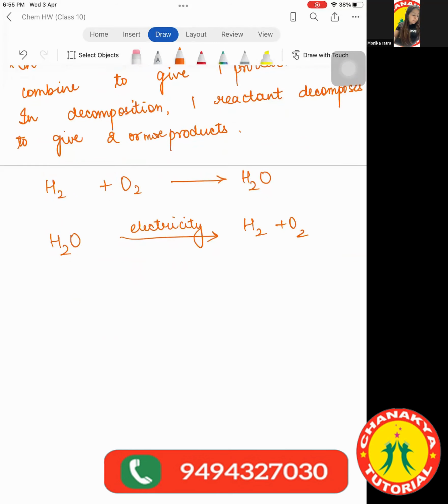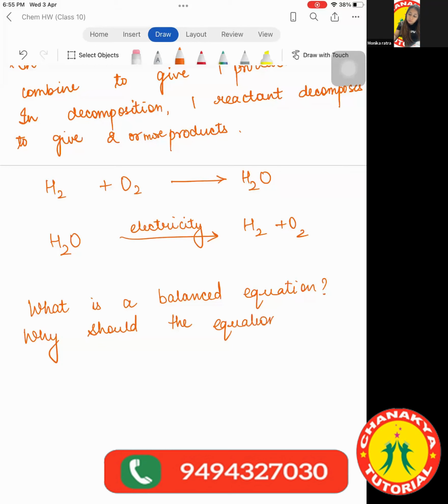Who will tell me what is a balanced equation and why should the equation be balanced? Ma'am, a balanced equation is where the number of atoms on the reactant side is equal to the number of atoms on the product side.